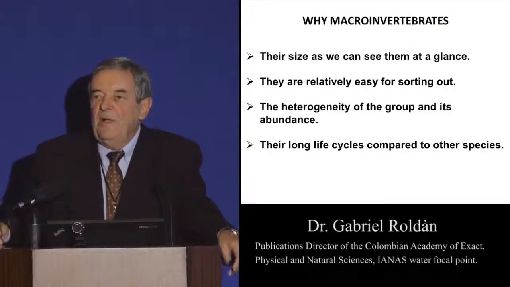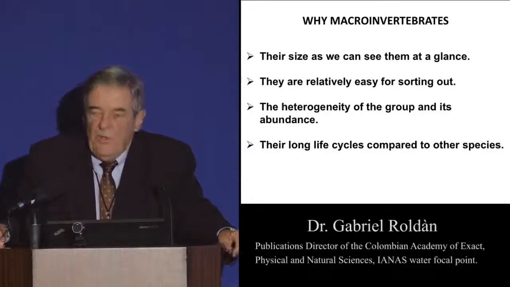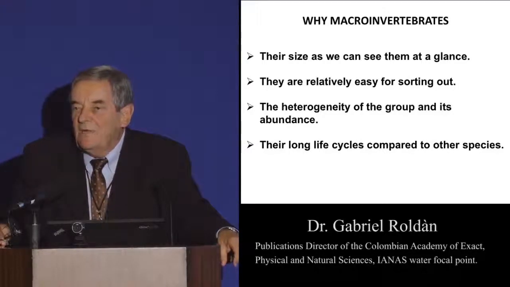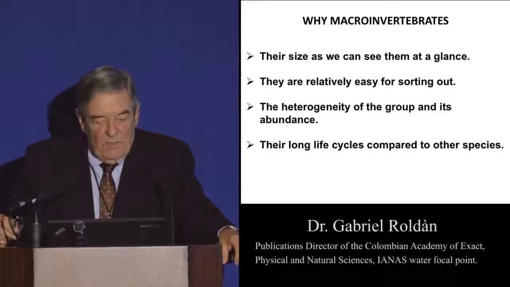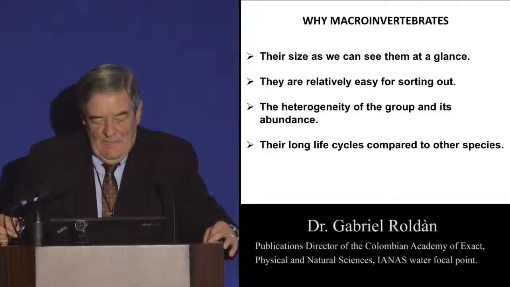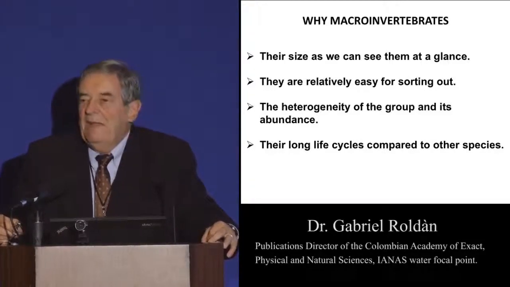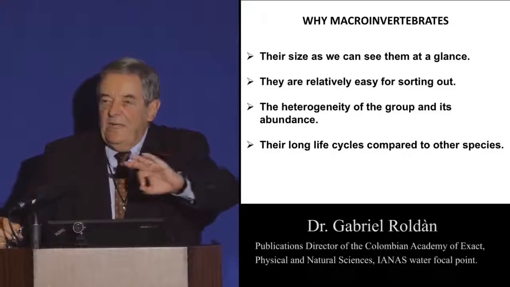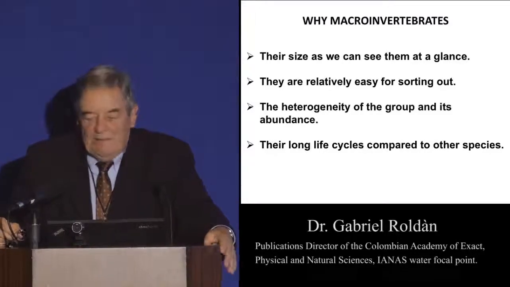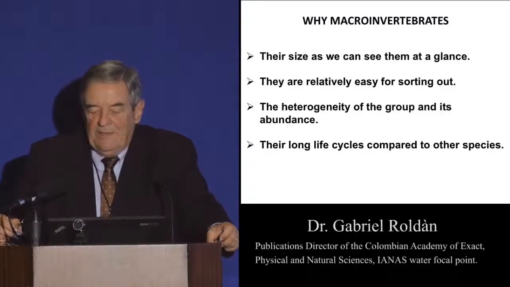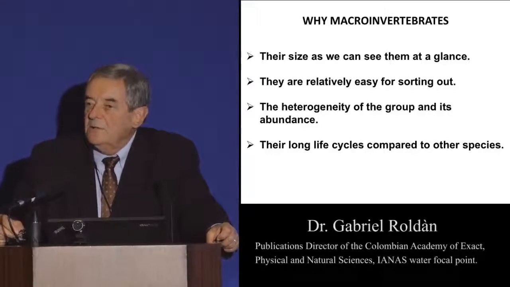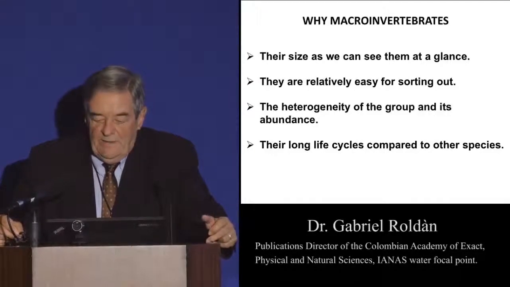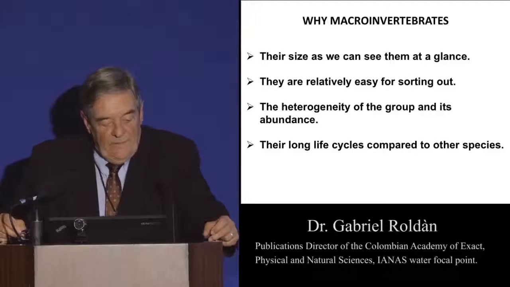Why macroinvertebrates? We use macroinvertebrates as indicators of water quality because of their size, as we can see there at a glance. We don't need any special device to see them in the field. They are relatively easy to sort out. In other words, they are easy to identify.